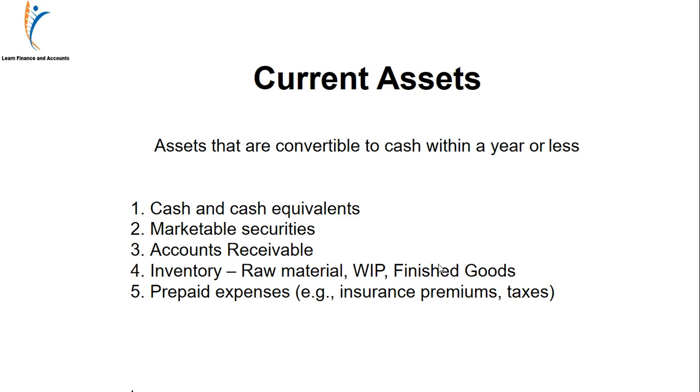Inventory comprises of raw material, work in progress, and finished goods. And fifth is prepaid expenses. Prepaid expenses can be insurance premium or the taxes that we have paid. So these are the five components of current assets. Current assets are convertible into cash within a period of 1 year or less than 1 year.